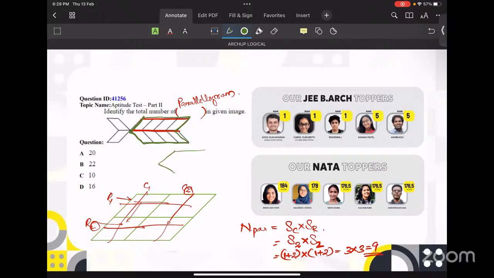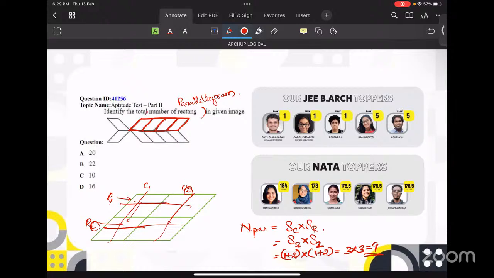That is something else, a 6-sided figure, so we can't call it a parallelogram. Now coming to here, the highlighted portion is a parallelogram.